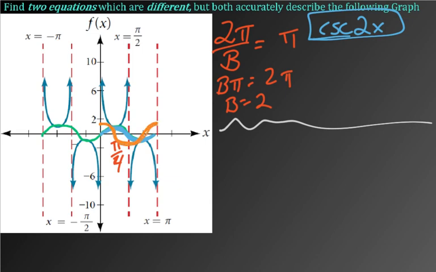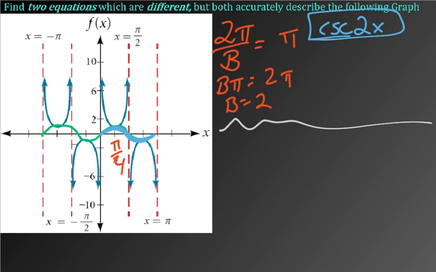If I took that orange graph and shifted every important point over to the right by pi over 4, you could get what we have right here. Sorry, I labeled this, oh no, I think I just erased too much when I did the erase. It's pi over 4. And so that would do it.